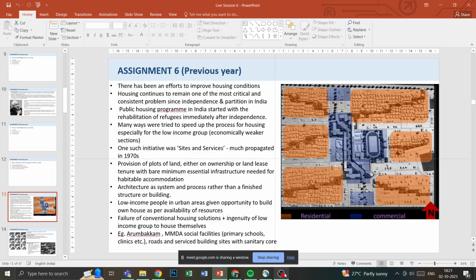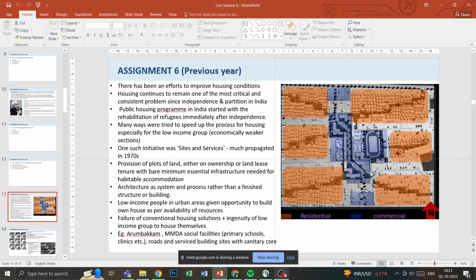Because of this, the sites and services scheme views architecture as a system and a process rather than a finished structure or building. It is not a finished product, a building or a structure, that is being given here.